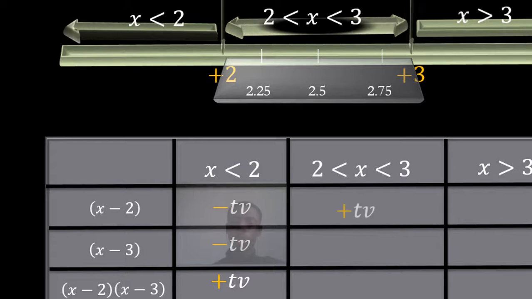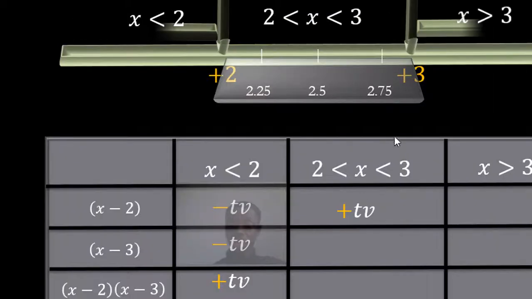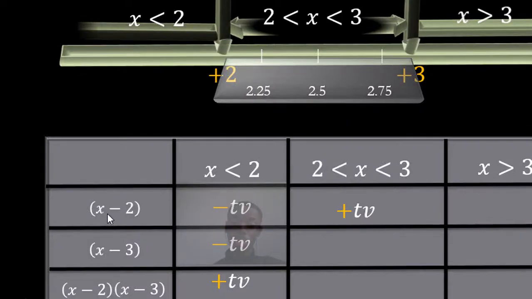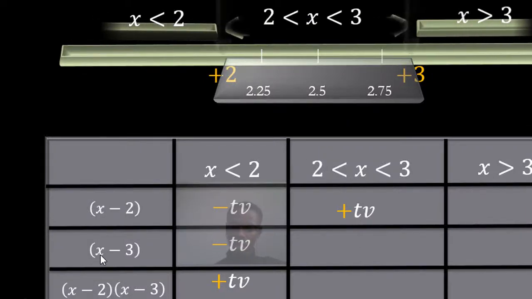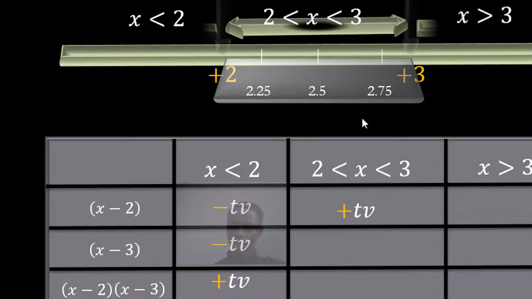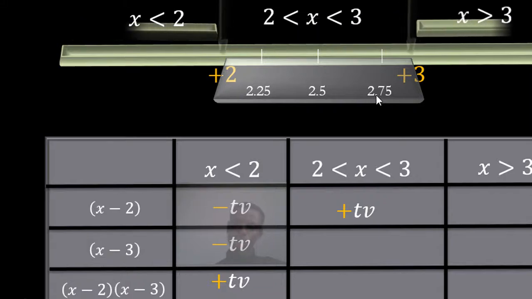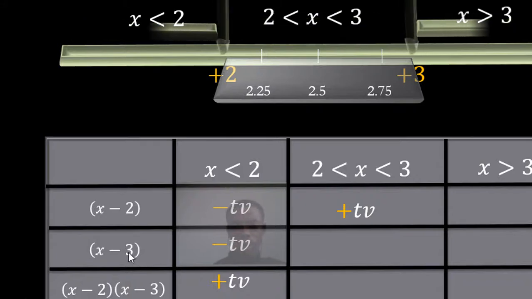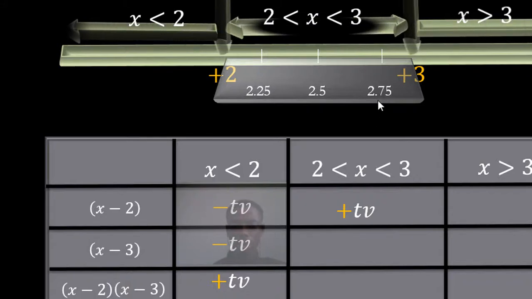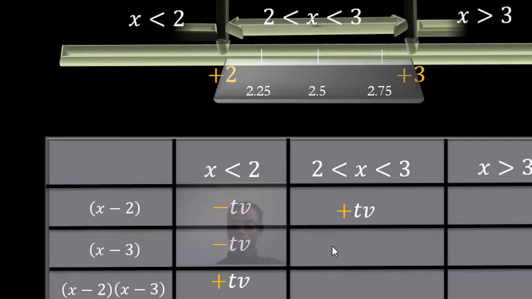So, come down again, pick any of those values, use them here, maybe 2.75 minus 3. Do that subtraction, what do you have? 2.75 minus 3, what do you have?